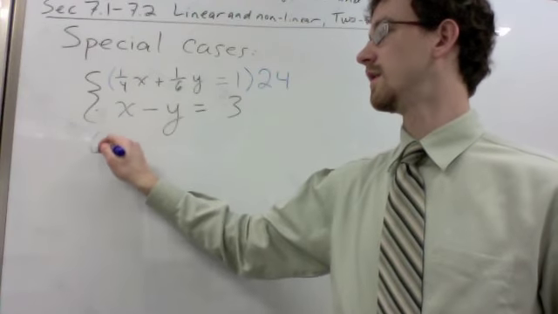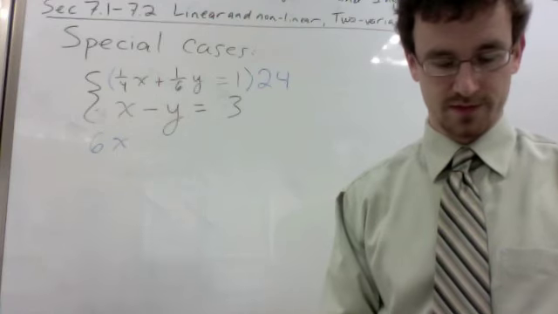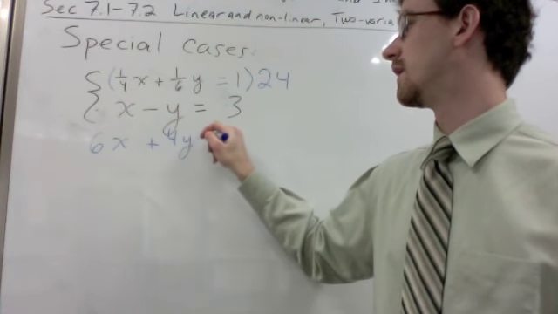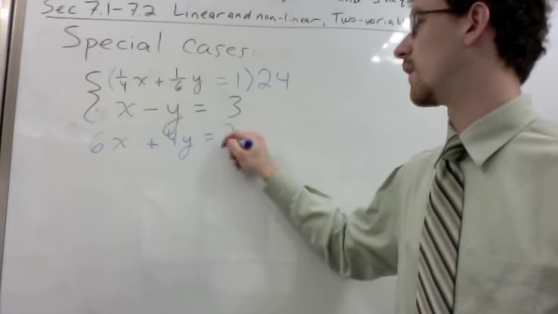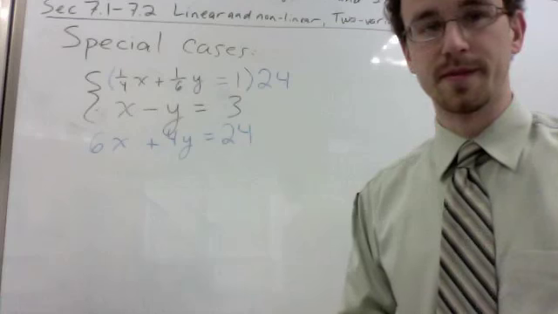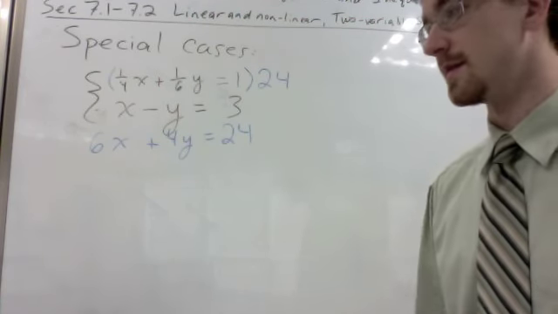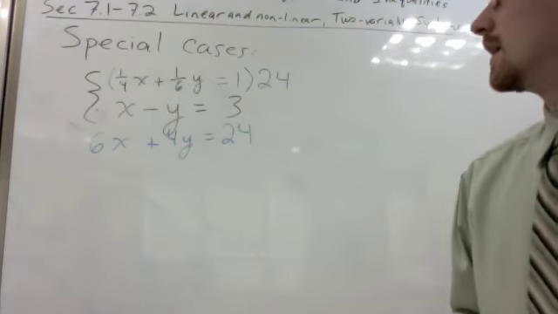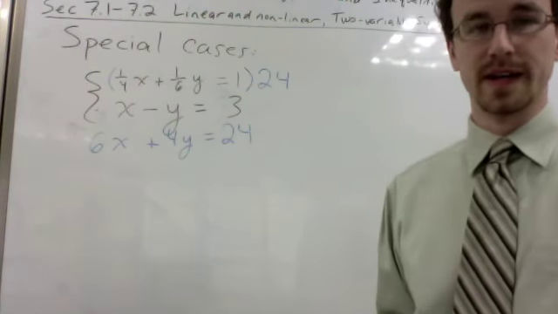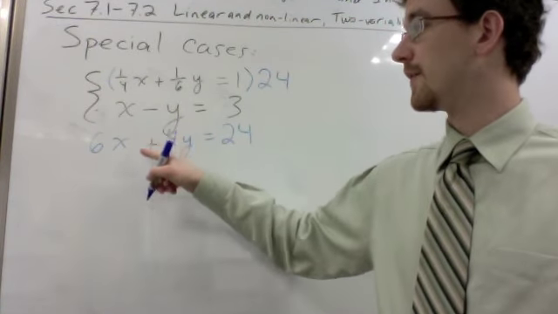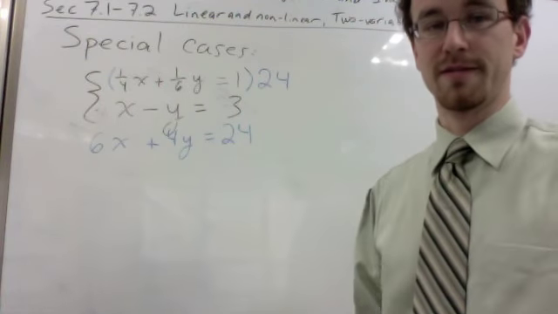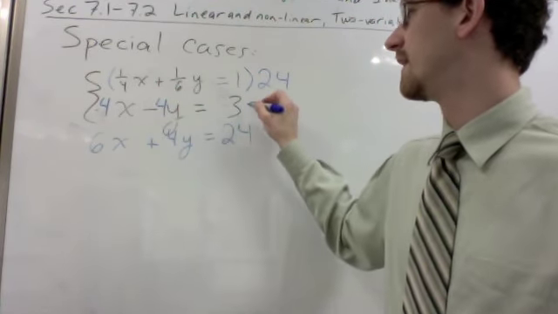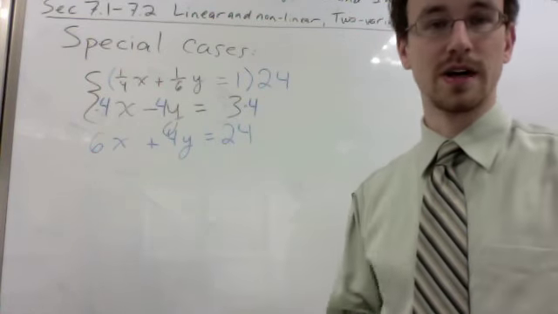24 times 1/4 is 6. 24 times 1/6 is 4. And 24 times 1 is, of course, 24. And from that point, we can solve the system just as we would any other system, using whichever method we prefer. In general, I prefer elimination. So I'm going to multiply this equation by 4 to cancel out y, which gives us 4x, 4y, and 3 times 4, which is 12, of course.